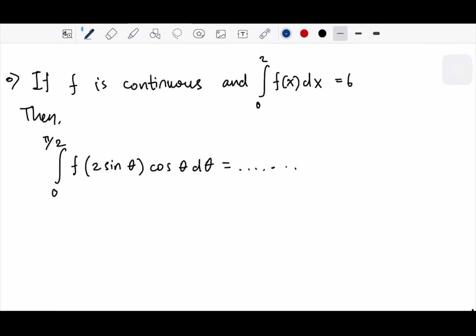But you are asked for this integral: from 0 to pi over 2 of f, not of x, but of 2 sine theta cosine theta, d theta. First, just take time to understand the question. If you would like to try to solve it, you can try.